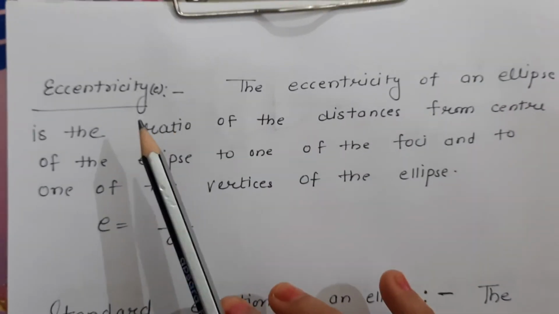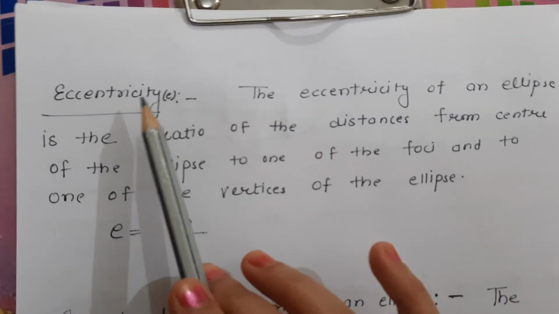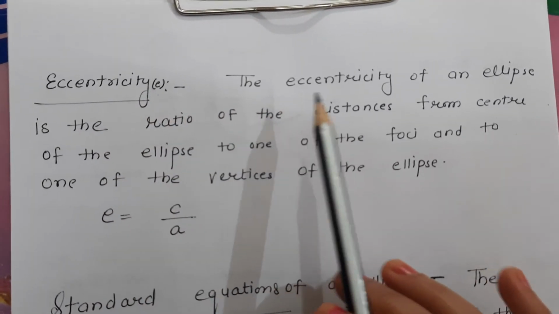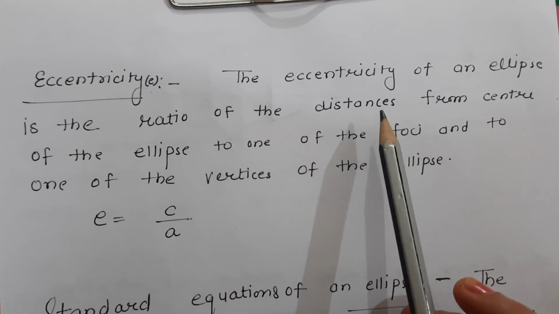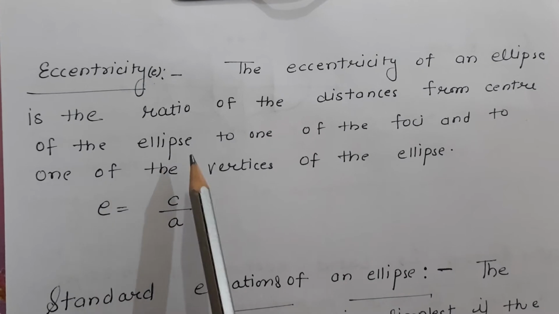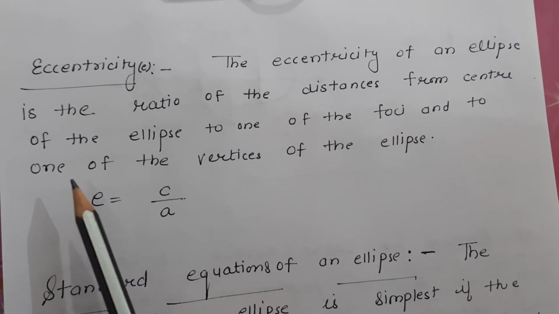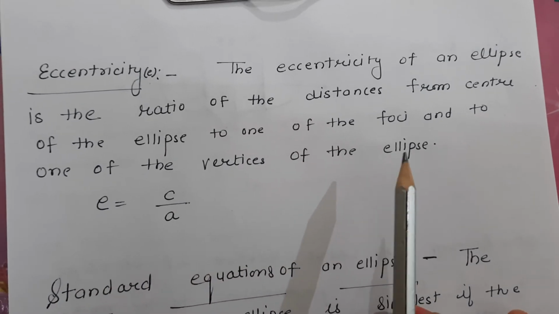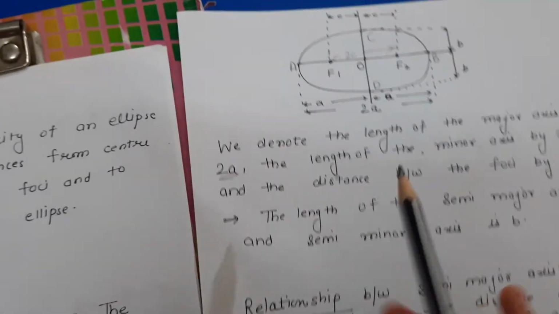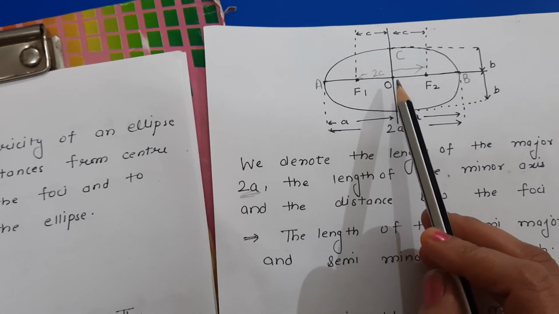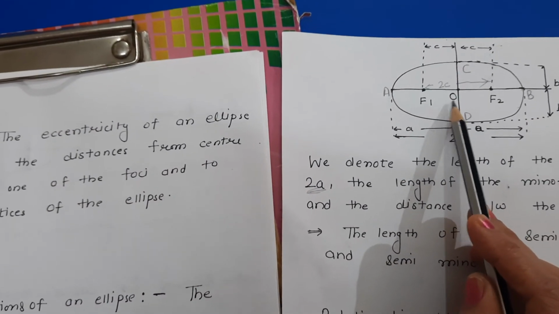The next term is the eccentricity. The eccentricity is denoted by E. Now the eccentricity of an ellipse is the ratio of the distances from the center of the ellipse to one of the foci and to one of the vertices of the ellipse. That means this is C by A. If you look at the diagram, O was your center.